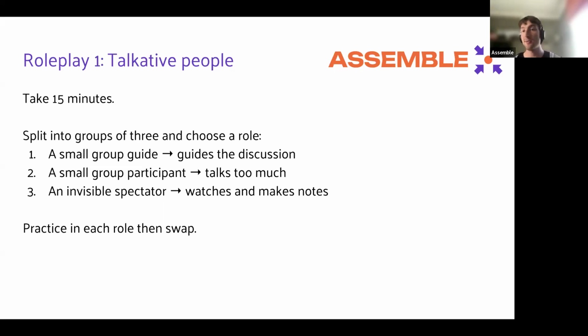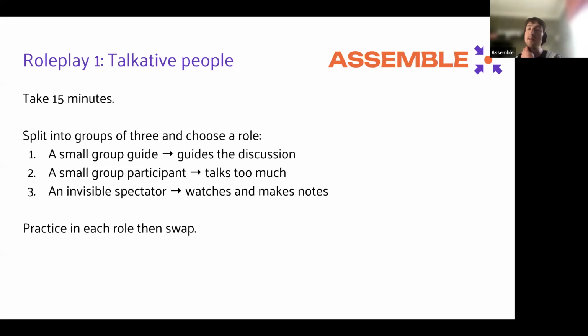And then a third person, if you've got another person in the room, is just watching how you do as a guide and making some notes so that they can share these with you afterwards and you can get better and better. Okay. So the idea is to practice in each of these 3 roles so everyone gets a chance.